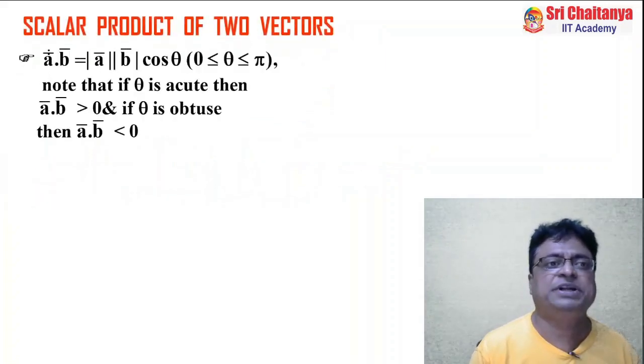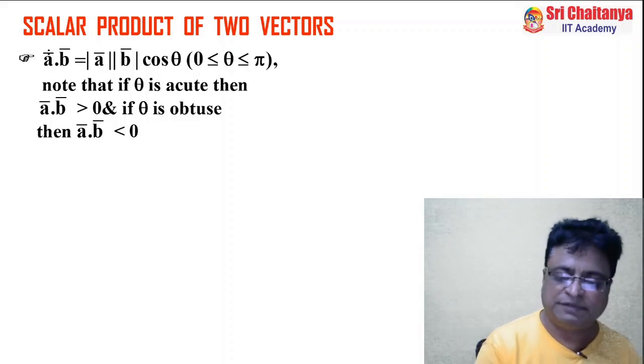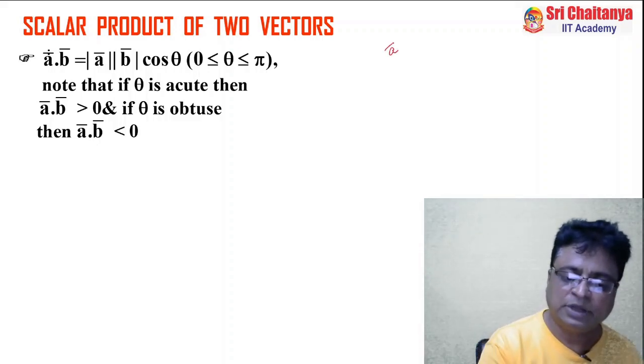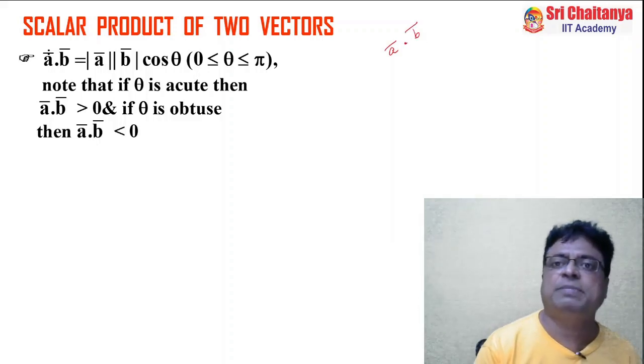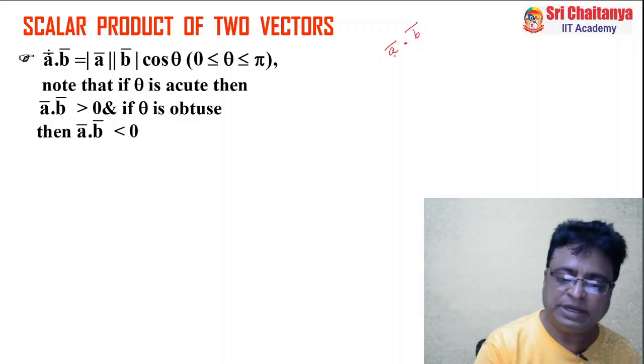This is about the definition of the dot product. If A bar and B bar are any two vectors, then the dot product between the vectors is denoted by A bar dot B bar, or the scalar product between two vectors A bar and B bar is denoted by A bar dot B bar.